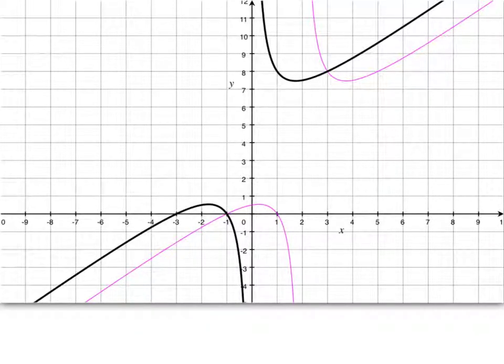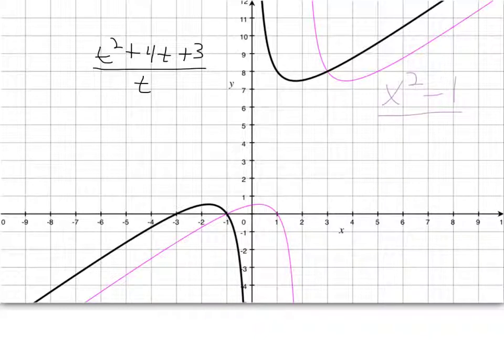Okay, the black is going to be our t squared plus 4t plus 3 over our t. Okay, now this is our previous graph, our x squared minus 1 over x minus 2.